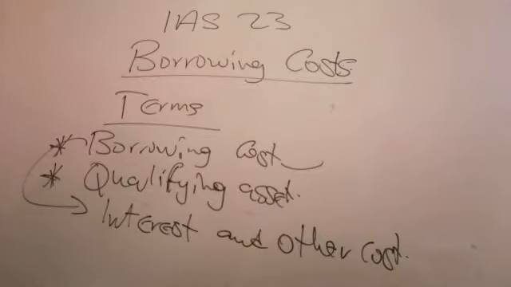So all these form part of the borrowing cost. We'll look at the breakdown after the explanation of the qualifying asset, the coverage or the scope of IAS 23. That gives us examples of borrowing cost.